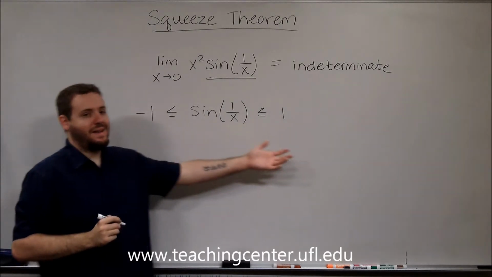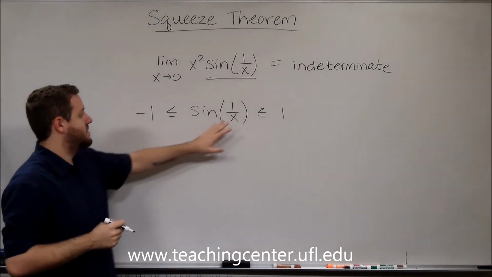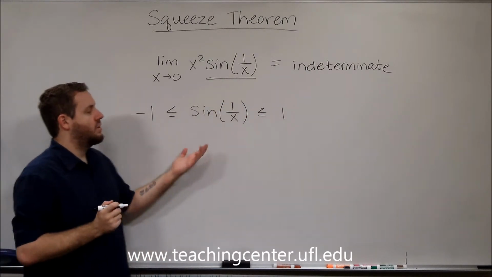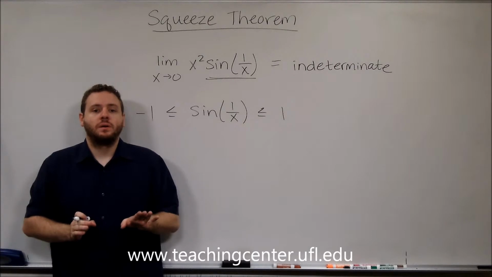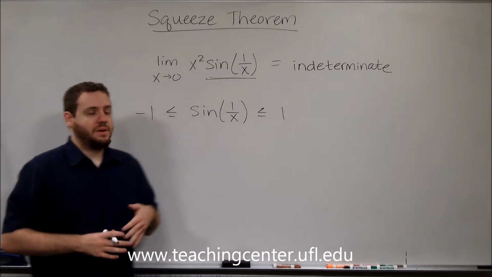Because if you do the sine of anything, you can only get an answer between -1 and 1, even though in this case you don't know what's in there. So this inequality is definitely true. That doesn't tell you what the limit is yet, but it's a step in the right direction.